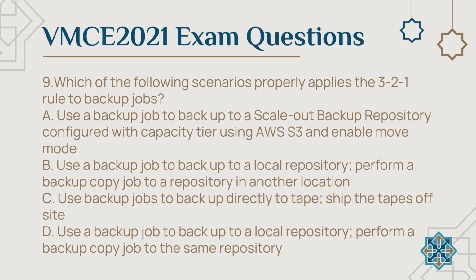Perform a backup copy job to a repository in another location. C. Use backup jobs to back up directly to tape. Ship the tapes off-site. D. Use a backup job to back up to a local repository. Perform a backup copy job to the same repository.